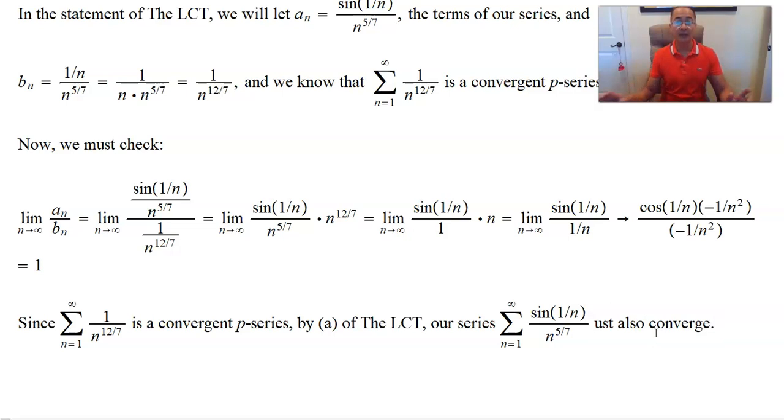According to part A, both series summation a_n and summation b_n must converge, or both must diverge. We know that our b_n series is convergent, so therefore our a_n series must also converge.